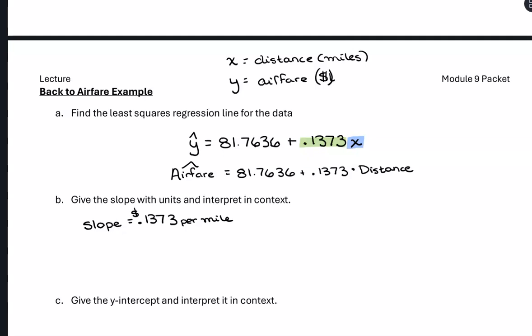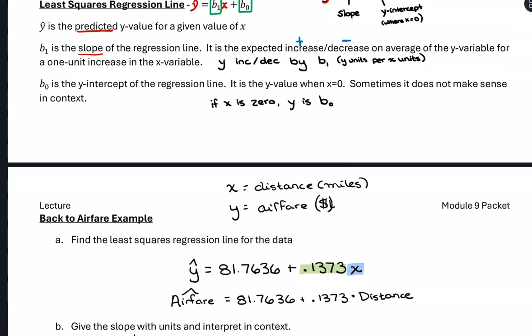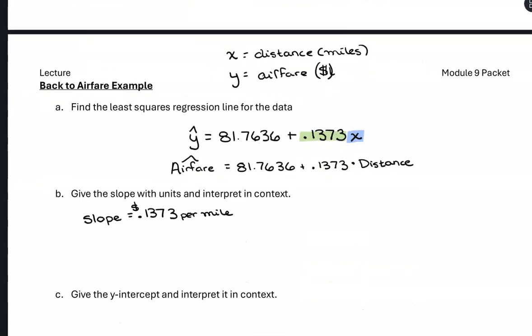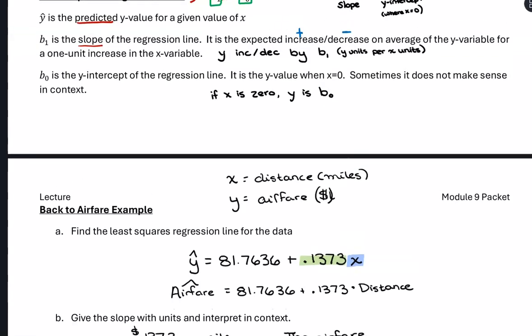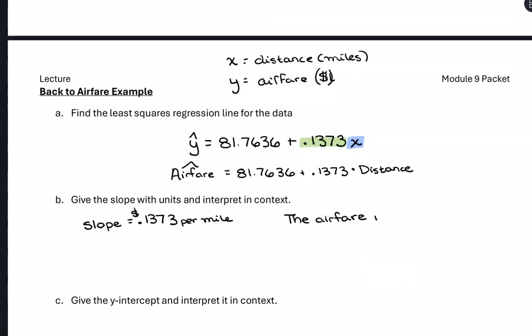So give the slope with the units and interpret in context. So what I would say is y, so y is equal to the airfare. Slope is positive, so the airfare increases by, and then dollars 0.1373.